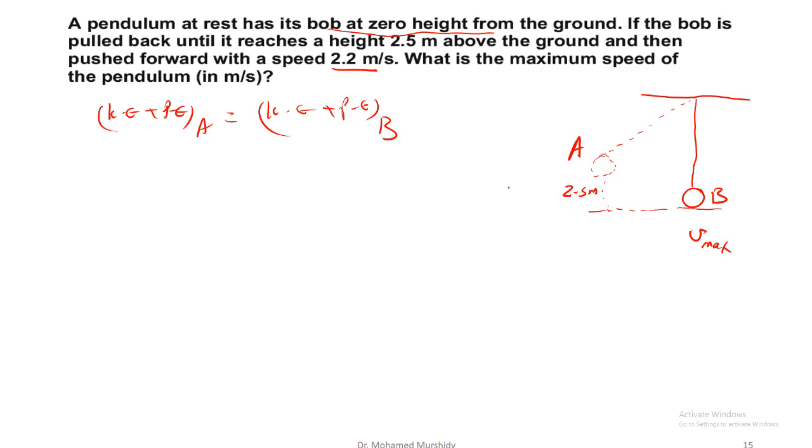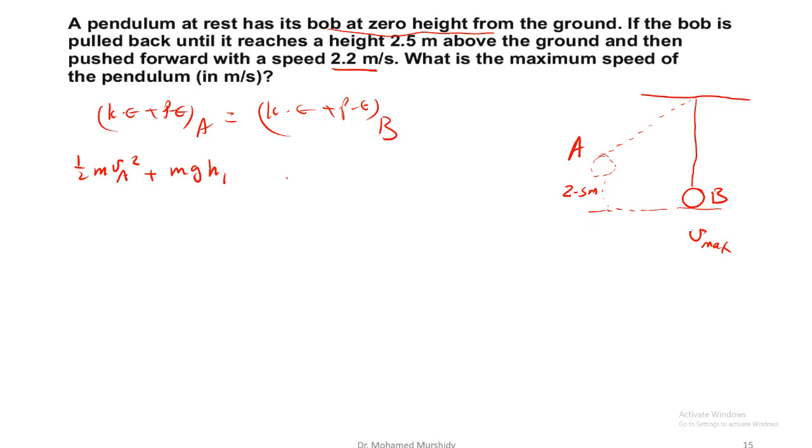Then we will just write the equations and the values afterwards. The kinetic energy at point A is half mVA squared plus the potential energy at A is mgh1.